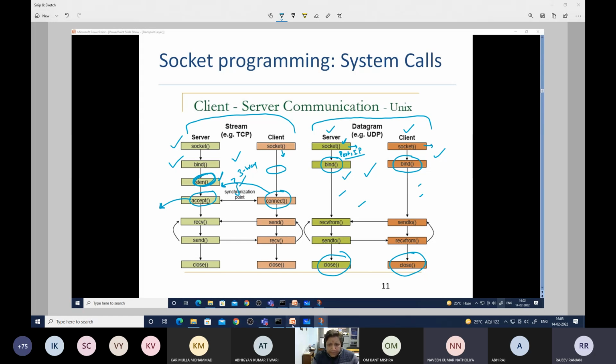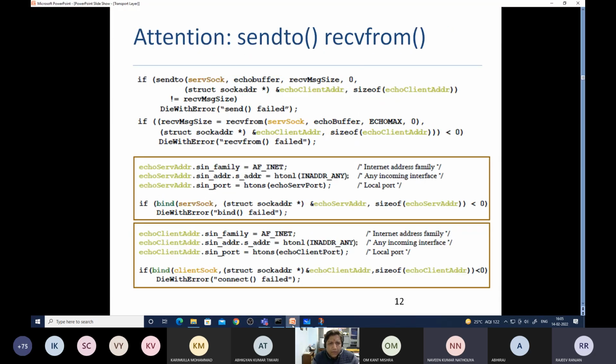Fine. So you can see what you are doing, sendto and receive-from. When you are saying sendto, you are using the server socket where you are giving your own address. Fine.